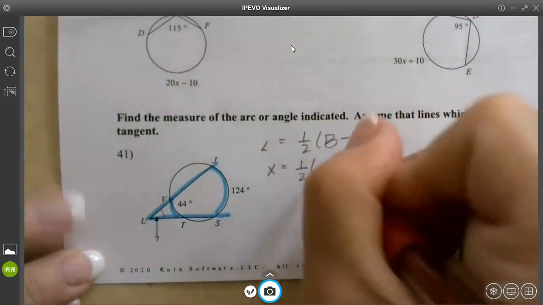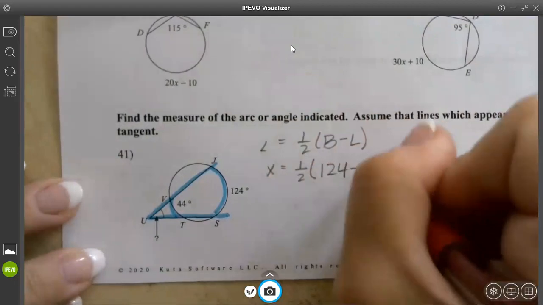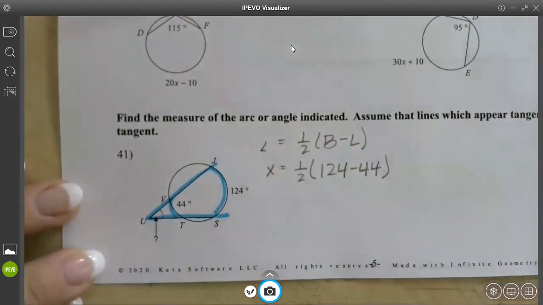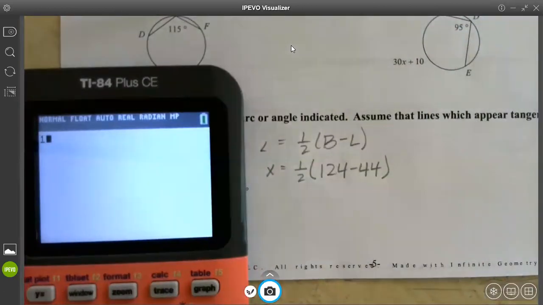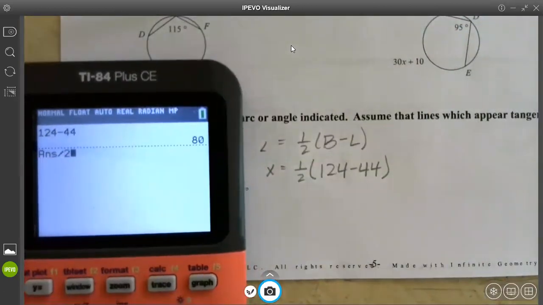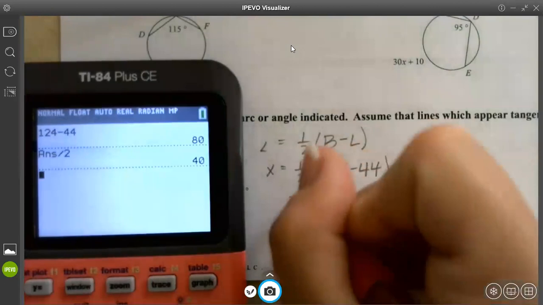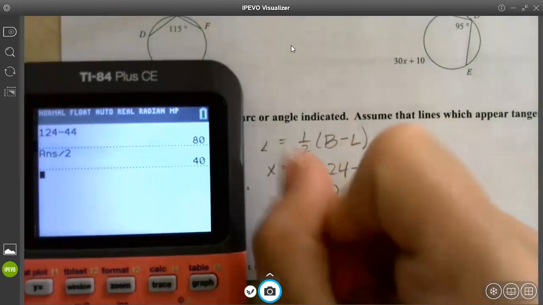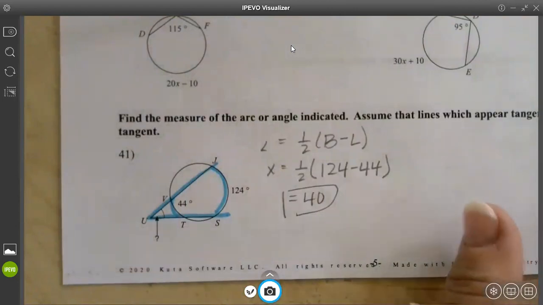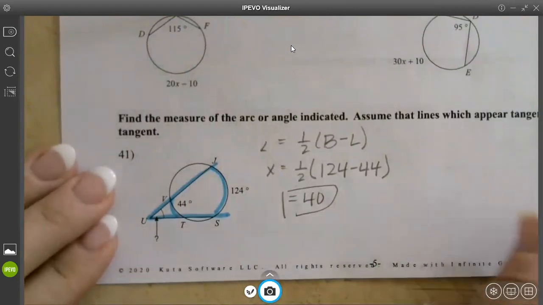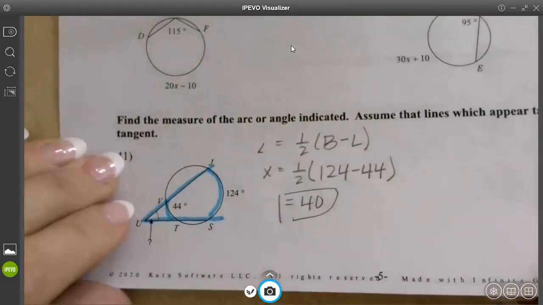Half, our big is 124. Our little is 44. 124 minus 44 divided by 2 is 40. So again, it's just getting you to realize which formula you use. Any questions? 41.